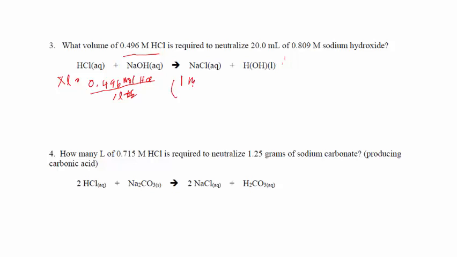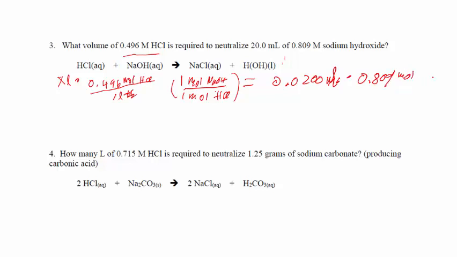Times 1 mole over 1 mole HCl equals 0.0200 liters times 0.809 mole NaOH per 1 liter. Okay.